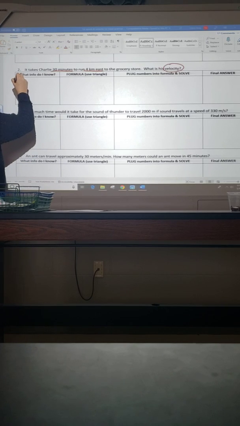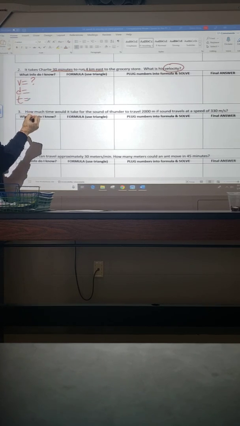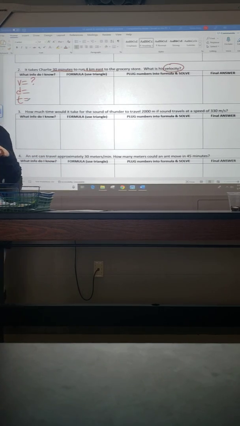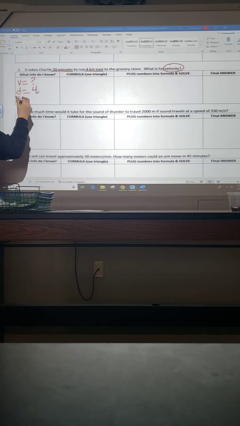Okay, so V is my unknown, and the velocity is displacement and time. So hopefully I have a displacement, which I do. Which one of these is a displacement, Austin? The 40 kilometers east. Okay. And then what is the time, Cheyenne? 30 minutes.